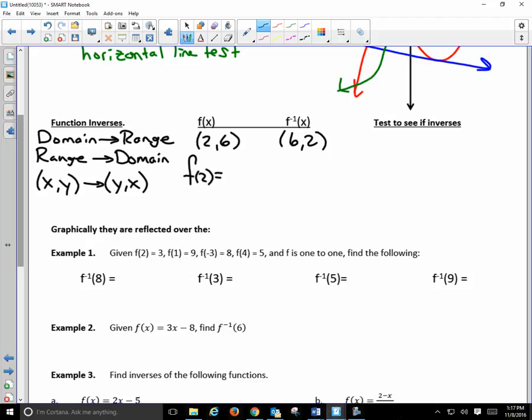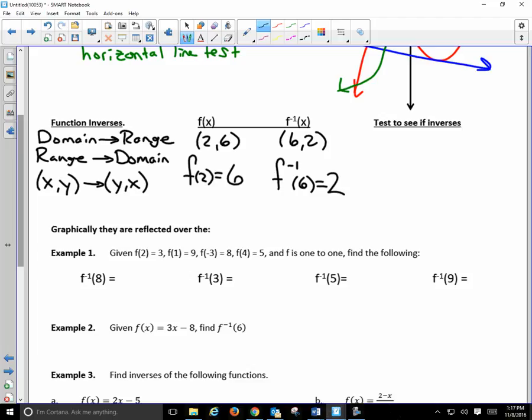It's 6. If I ask you f inverse of 6, what would you tell me? You'd tell me 2. That means given an output of 6, what was the input? Those are the questions that we ask.